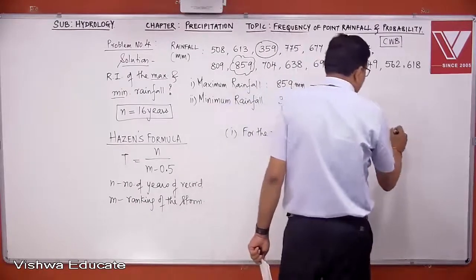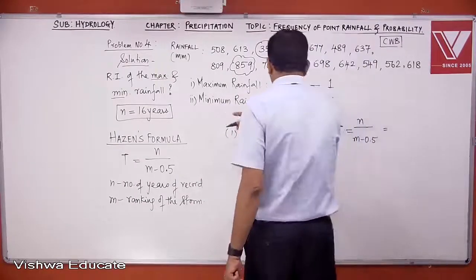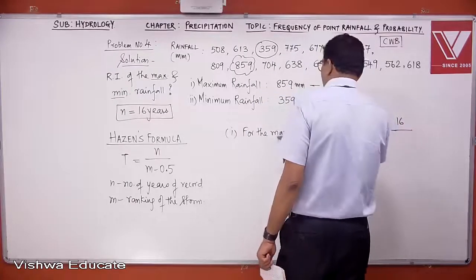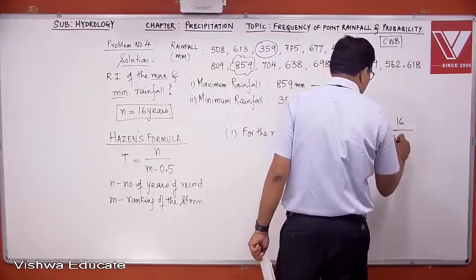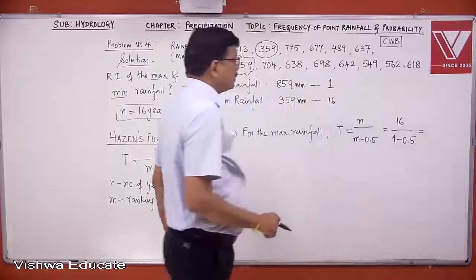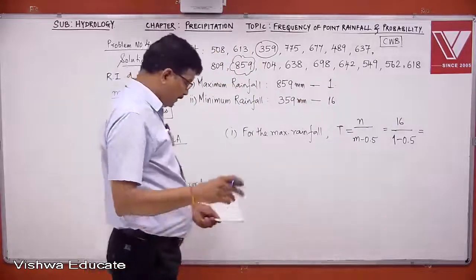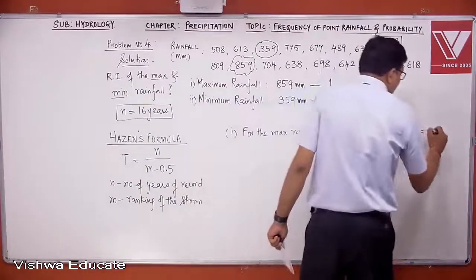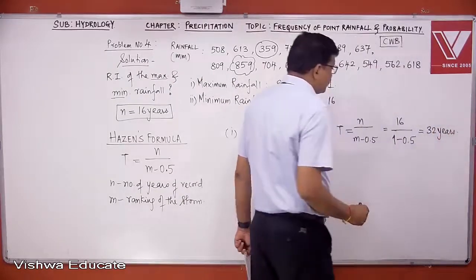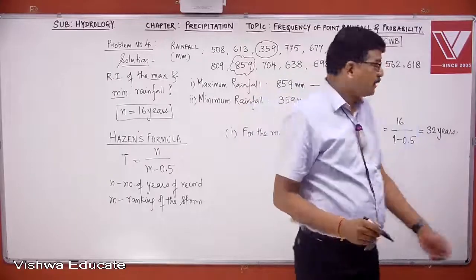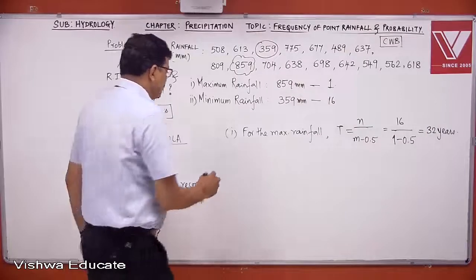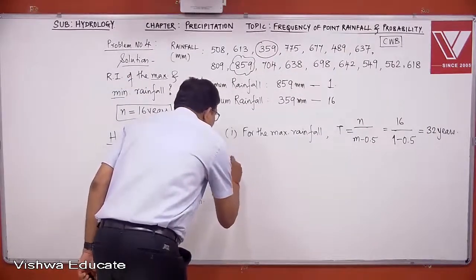So n is 16 years divided by m. For the maximum rainfall, ranking is 1, minus 0.5. So this is 16 by 0.5, the return period will be 32 years, isn't it? The return period for this maximum rainfall comes as 32 years.